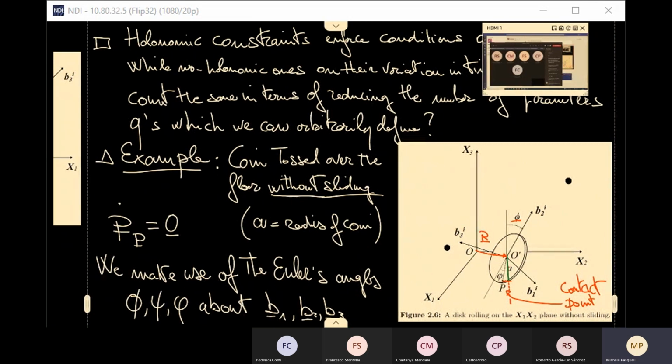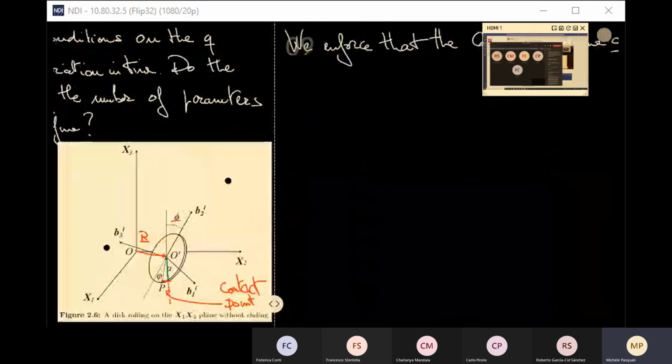Okay, so if phi was 0, it would mean that the coin would be perfectly orthogonal to the ground. And in this case, R3 would be equal to what? To the cosinus of 0, which is 1. So R3 would be equal to A, the radius, exactly. Do you see that? So this is the first way of enforcing it.